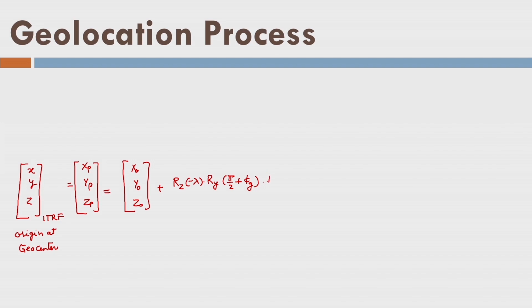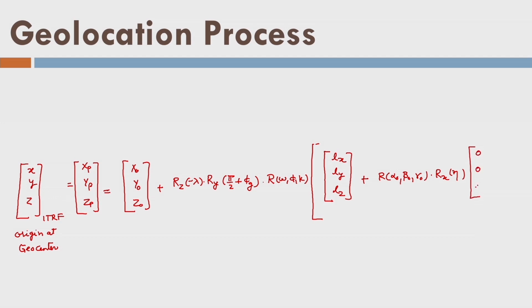Then we have rotation by omega phi kappa, and then we have the observations in the body reference frame. So, Lx, Ly, Lz, plus R alpha 0, beta 0, gamma 0 into R x eta into 0, 0, r. That is the equation we have here.